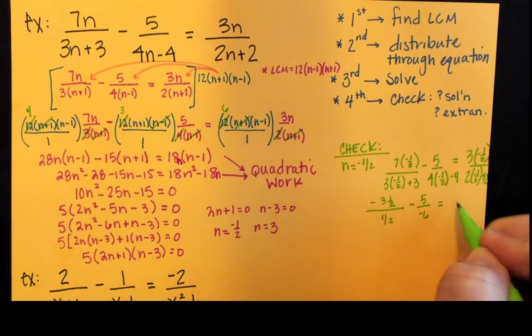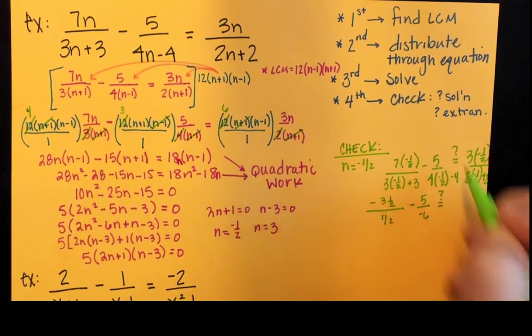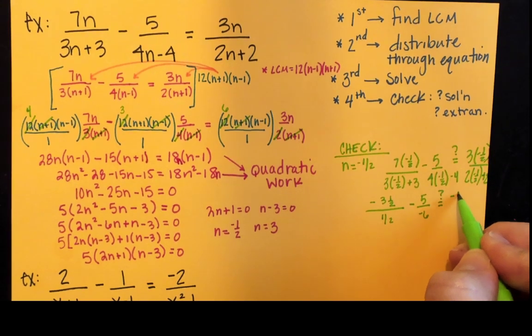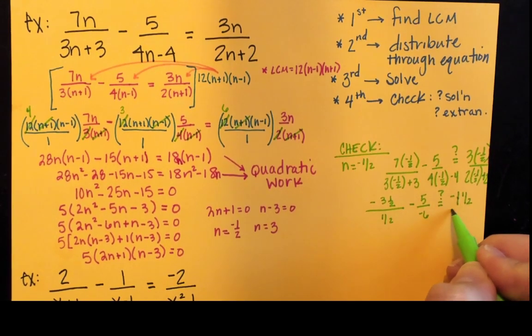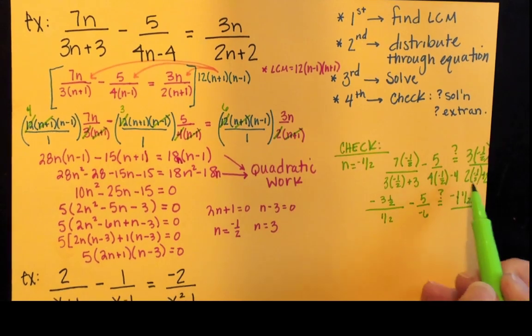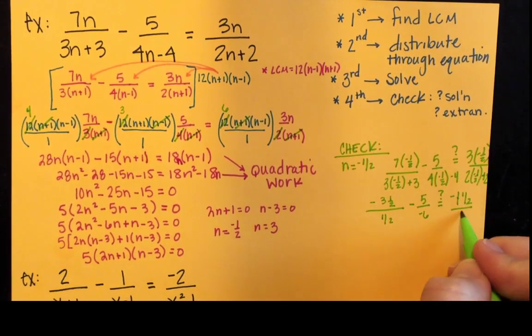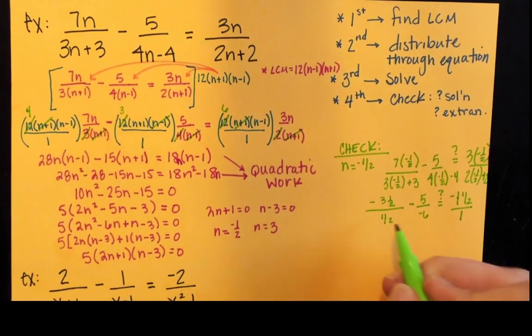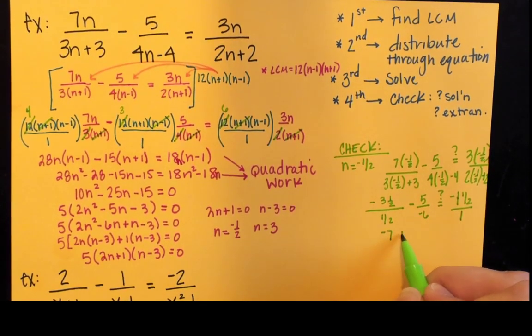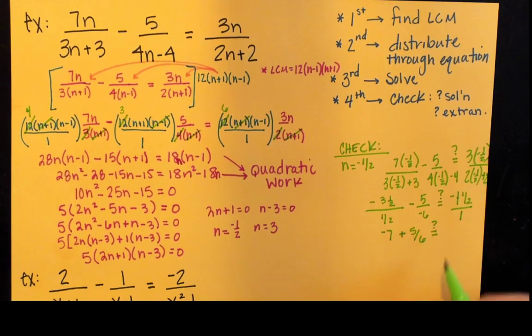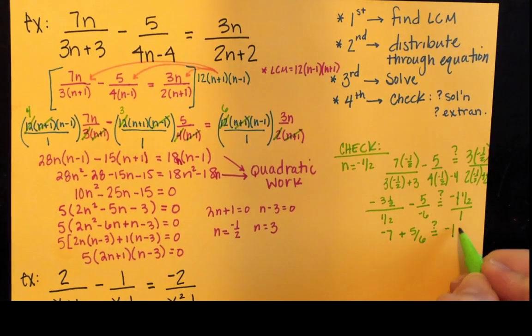And I want to see, is it equal to negative 1.5 over, well, 2 times negative 1/2 is negative 1. Negative 1 plus 2 is 1. I end up with negative 7 plus 5/6. Is that equal to negative 1.5?